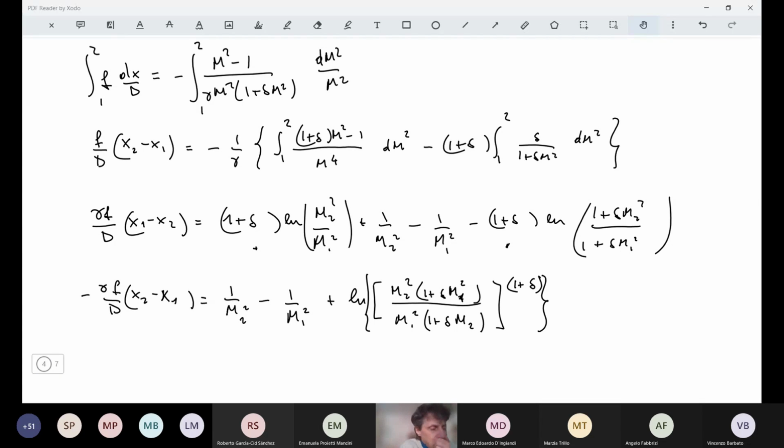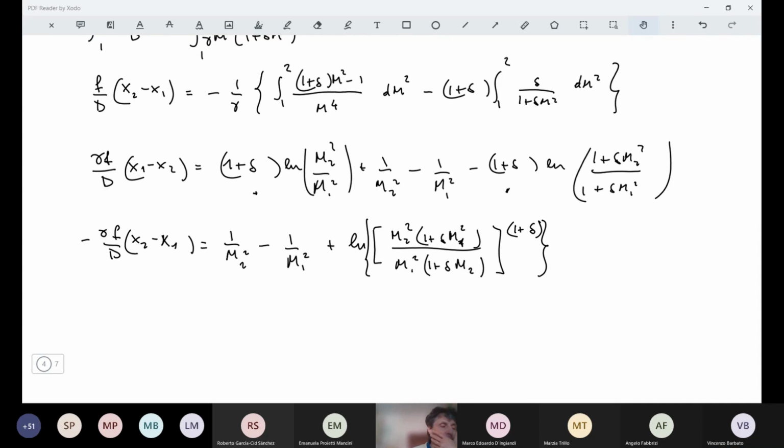So we can identify the choking condition as the one such that M2 is equal to 1. So we can say here minus gamma f over d, and we'll consider length, let's say at critical length L star, it would be 1 minus 1 over M squared plus our logarithm that must be expressed for M2 equal to 1.